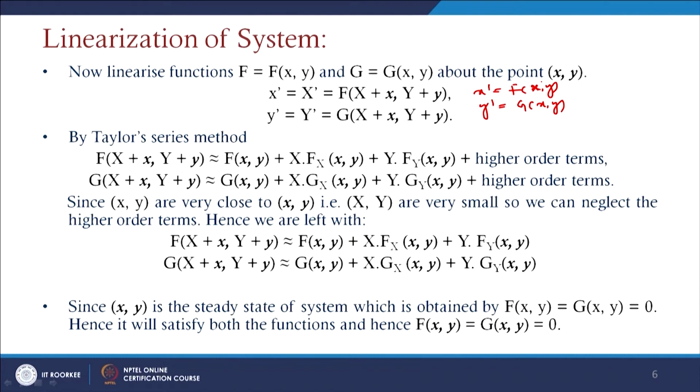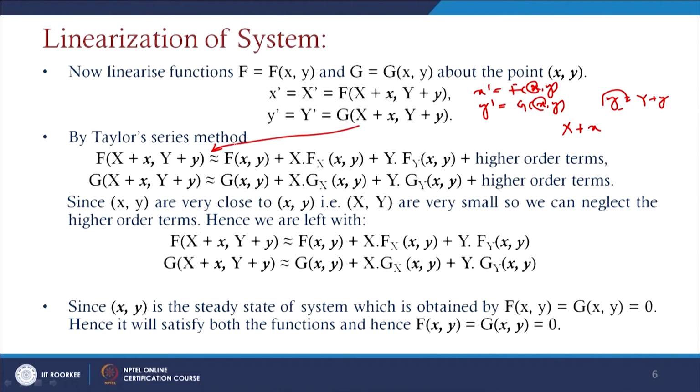we are replacing x by capital X plus italic x, and y by capital Y plus italic y. I have put it in this form so that you can visualize all these things clearly. Now take a Taylor series expansion of this function. A Taylor series can be applied when there is a neighborhood point where the function is continuous, and we can expand it in Taylor series form.